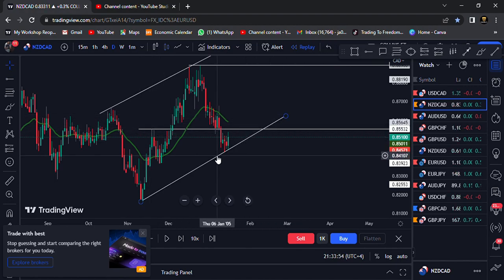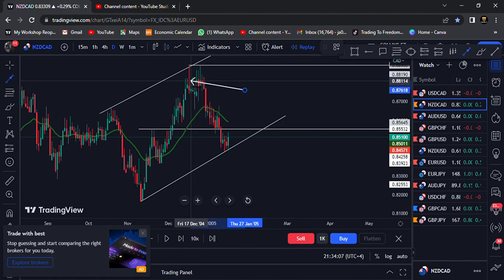So say the market formed this, broke, went up, reach here. When you saw a signal, a sell signal like this one, a sell signal like this, you should have been ready that if the market doesn't continue up, and if it has to come down, it will hit this level always.